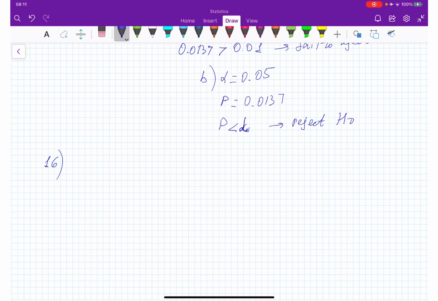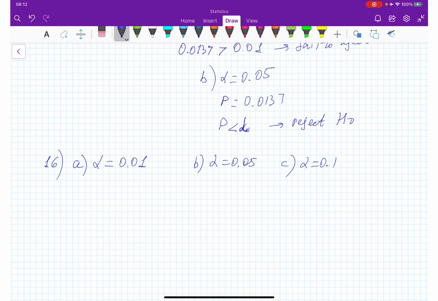For A, alpha is 0.01; for B, alpha is 0.05; for C, alpha equals 0.1.